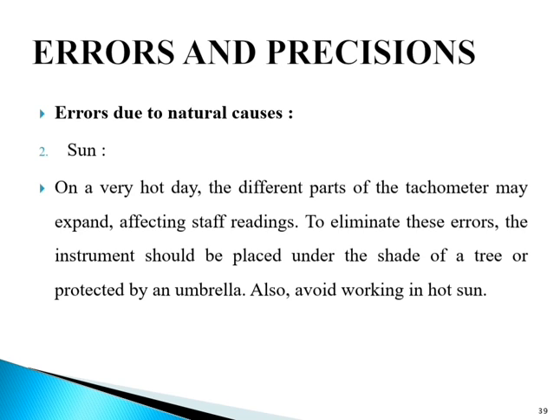Next is sun. On a very hot day, the different parts of the tachometer may expand, affecting staff readings. To eliminate these errors, the instrument should be placed under the shade of a tree or protected by an umbrella. Also, avoid working in hot sun.